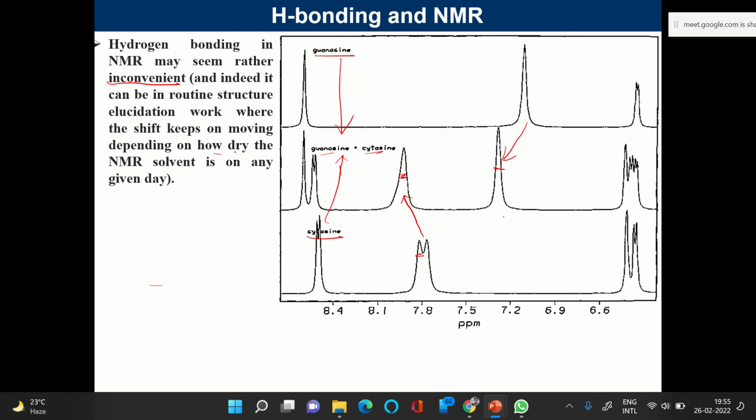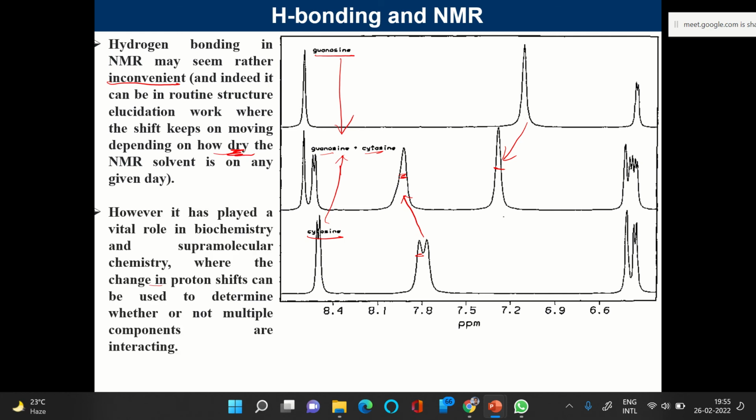So usually you want a dry solvent for NMR, and how dry it is will affect the shift in your signal. It is of interest in biochemistry, as I told you, in determining the structure and the interaction between two types of such nucleic acids in the DNA base pairing model also.